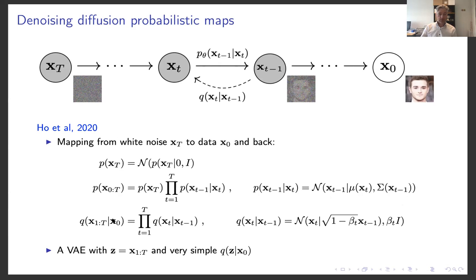And then the encoder that transforms the data to noise is simply a Gaussian random walk distribution.